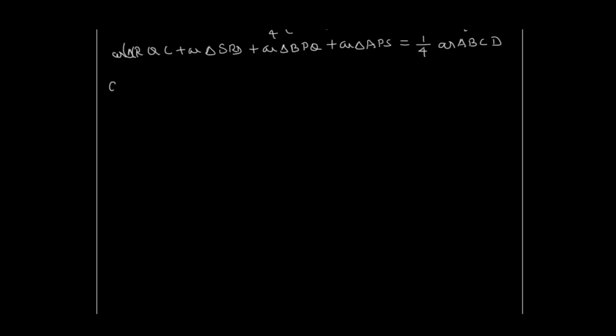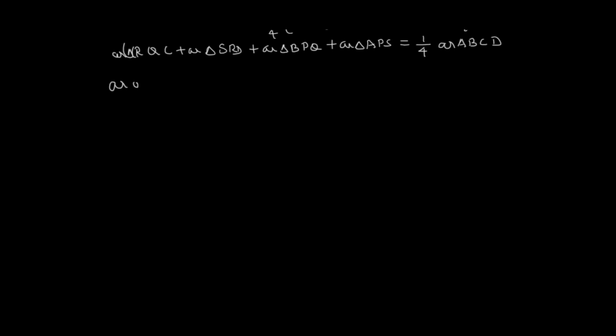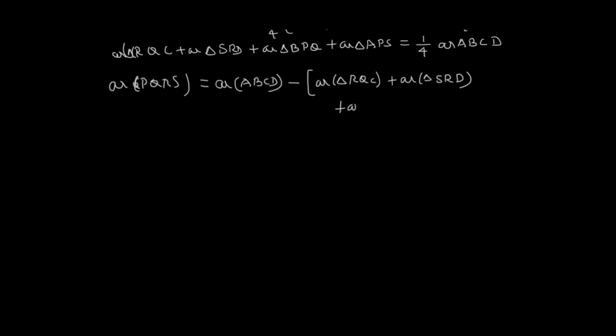Area of PQRS is equal to area of full quadrilateral ABCD minus area of all the small triangles: area of triangle RQC plus area of triangle SRD plus area of triangle BPQ plus area of triangle APS.